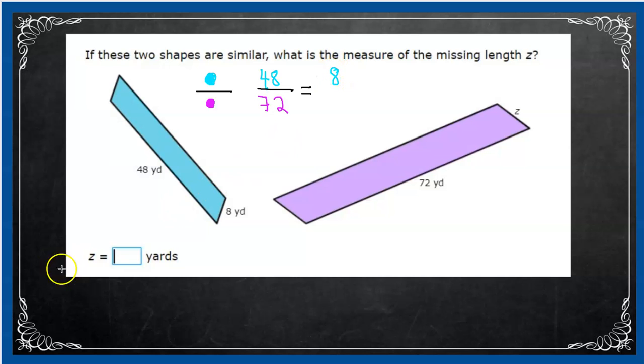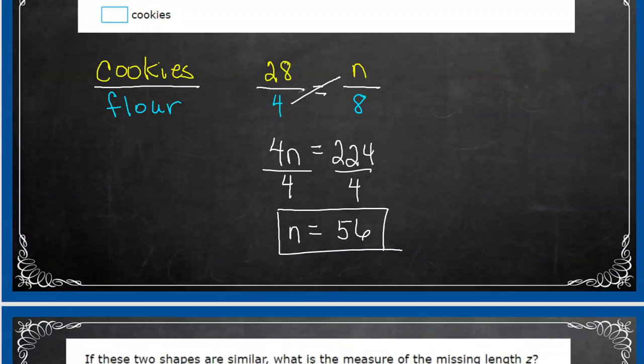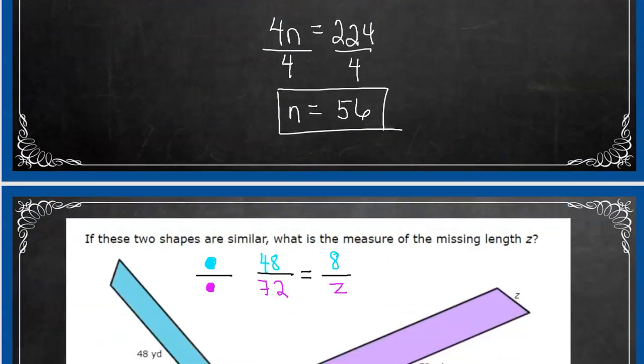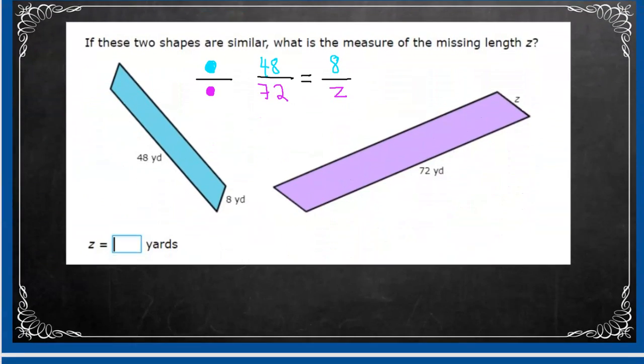That goes in the numerator. There are other ways you can do this. This is how I do it. I go left, right, right. And that goes over the Z. And I'm looking for Z. So just like we did with the cookies and the scoops, and just like we did with the appetizers and the weeks, we just have to make sure that we keep those straight and keep them in the same order.